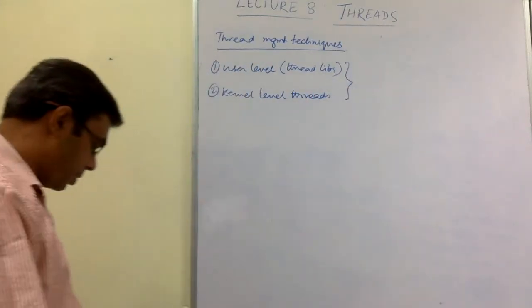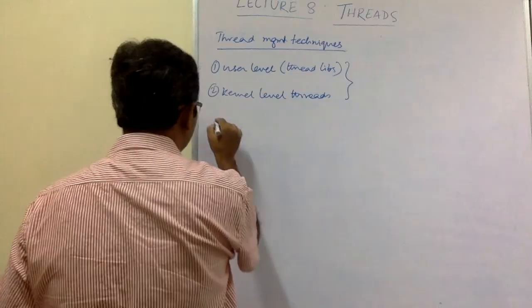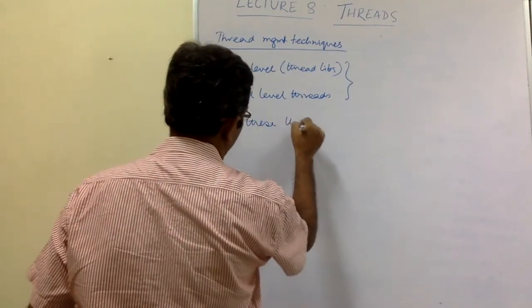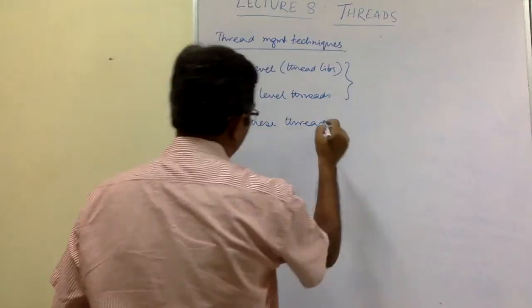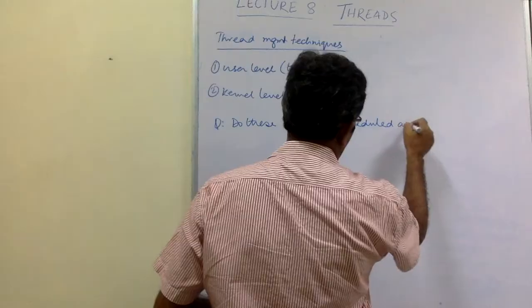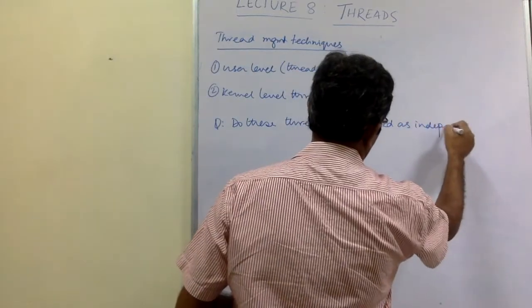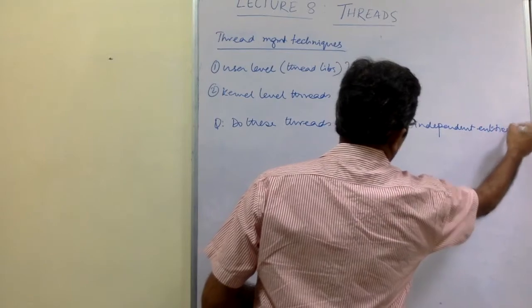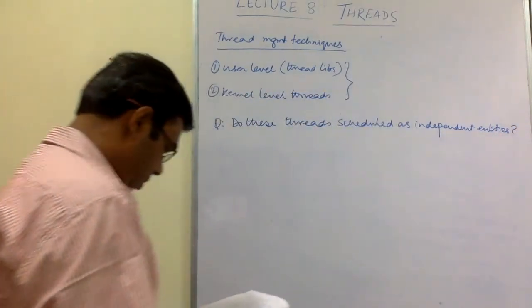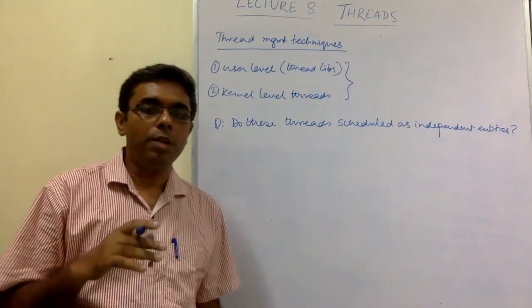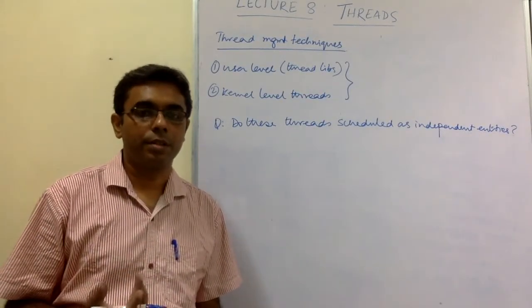So the question is, do these threads get scheduled as independent entities? What do you mean by that? We found that the kernel also supports certain threads and users can also create certain threads.